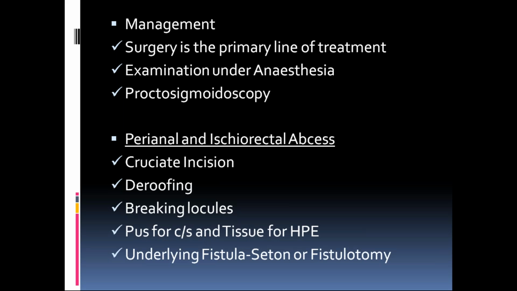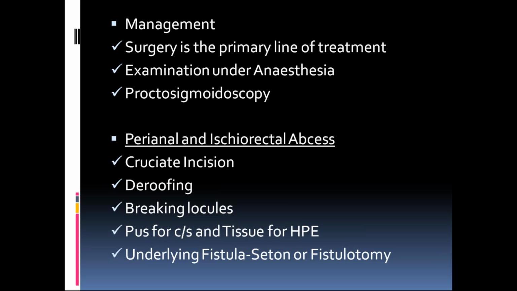Now you put a sinus forceps into the wound and open the sinus forceps, and with it open, you bring the forceps out. When you do that, you have opened the abscess cavity, and the pus will be drained out.